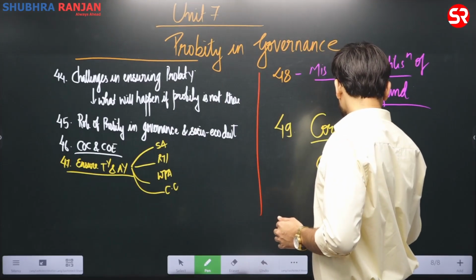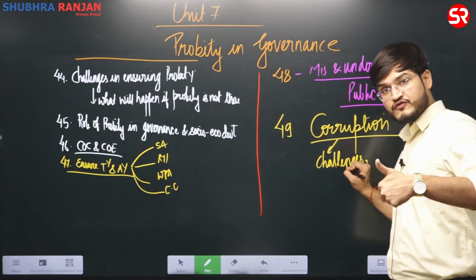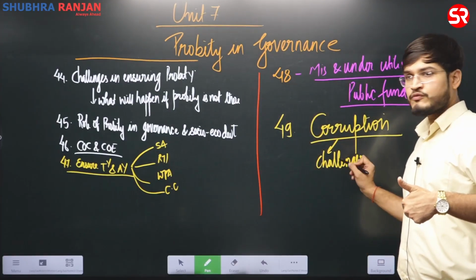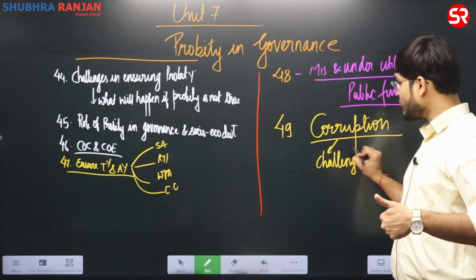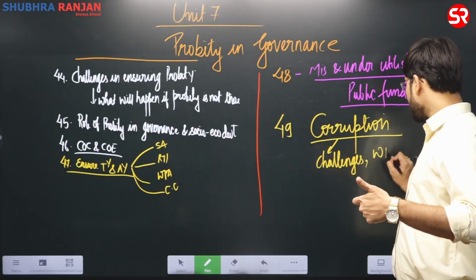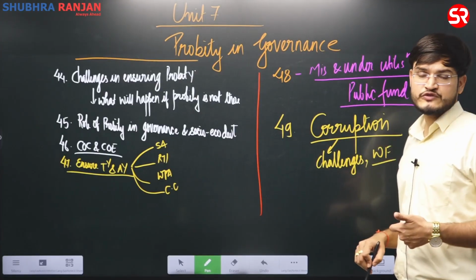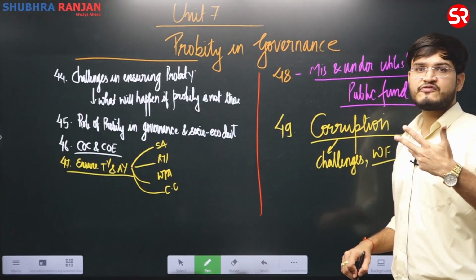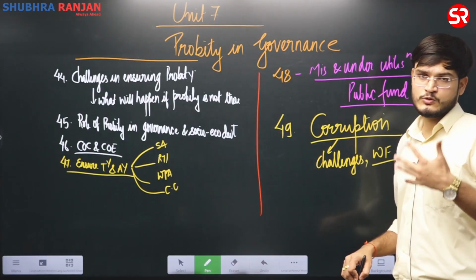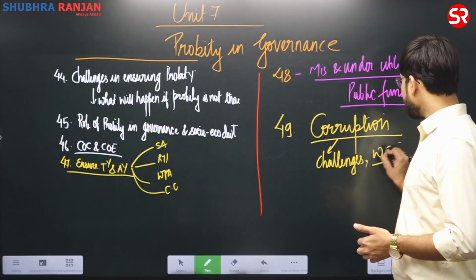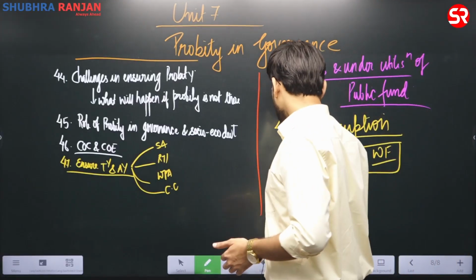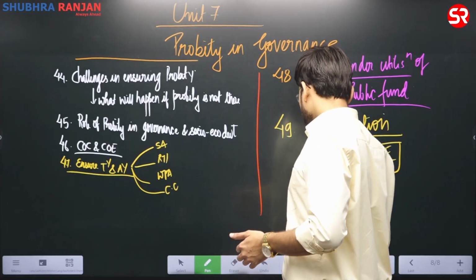They can ask questions with respect to challenges of corruption, and if corruption is not there, for example then how to ensure that, how to curb corruption, that is the way forward. They can ask all those frameworks like institutional framework, legal framework, or for example ethical framework, or for example role of CSO or media, and thereby both of these aspects they can ask, and thereby they can also ask from the aspect of Kautilya's view.